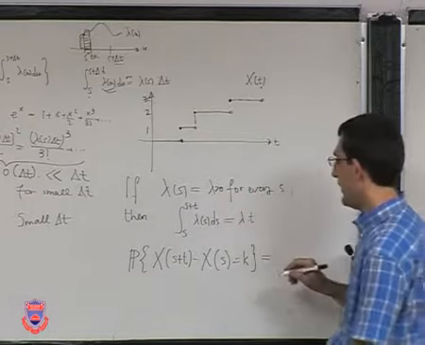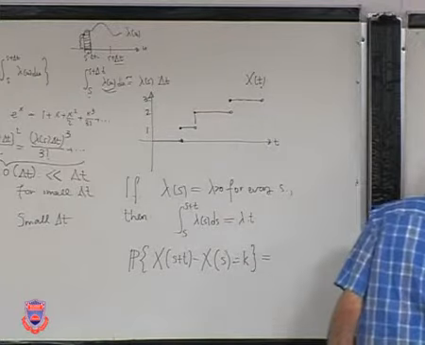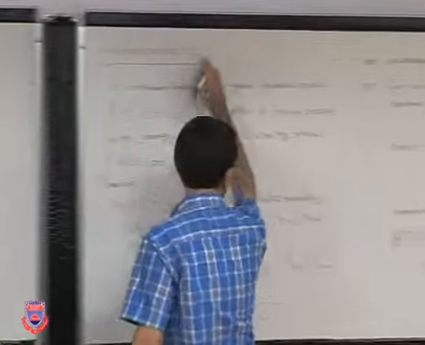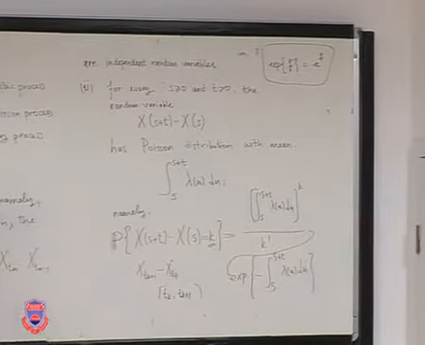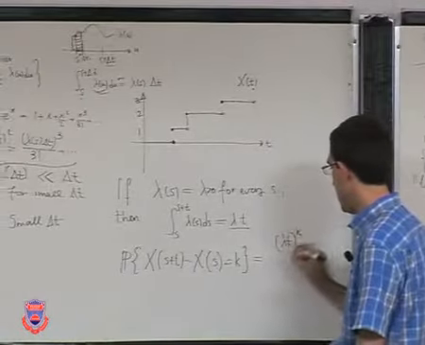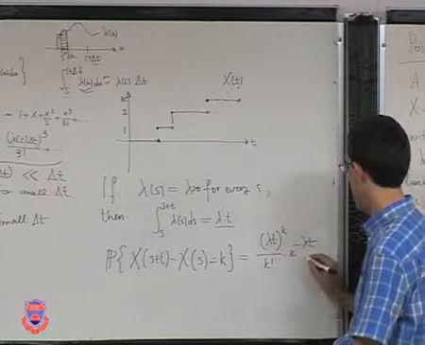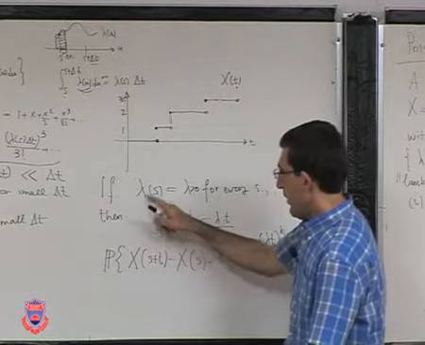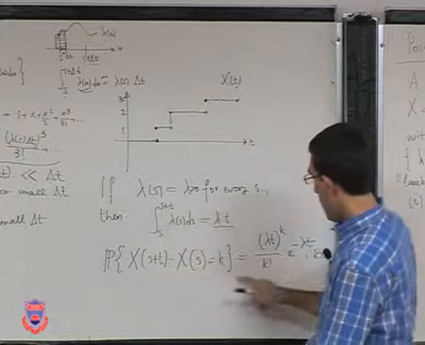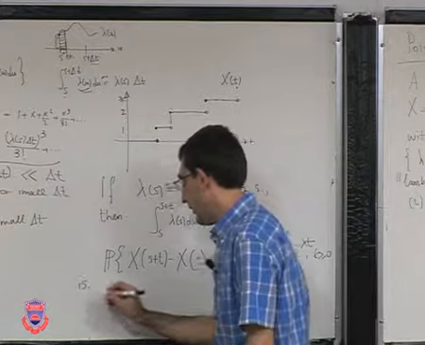Going back, we can change this value to just lambda t: lambda t to the power k divided by k factorial times e to the minus lambda t, for every k.